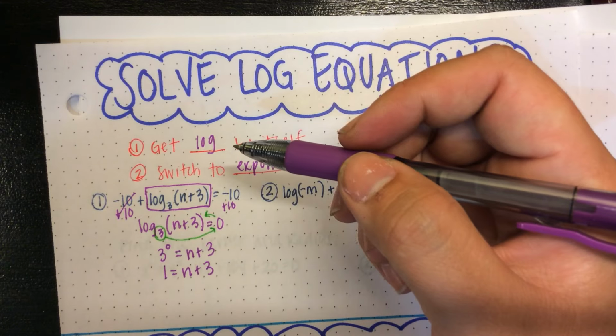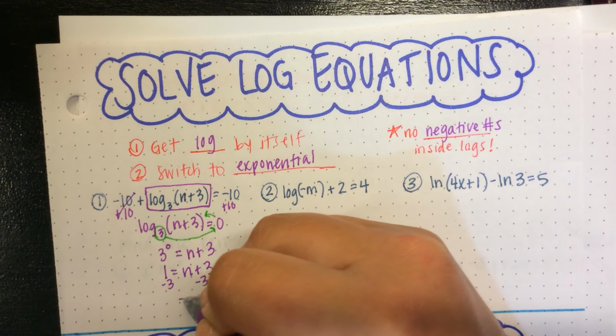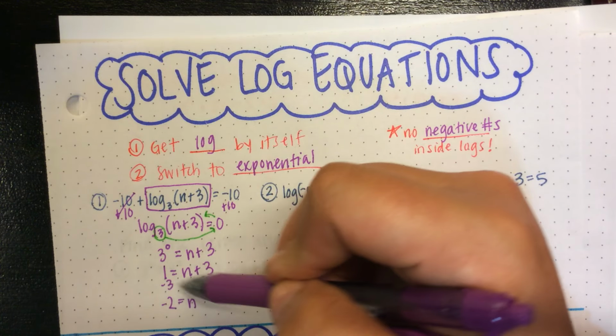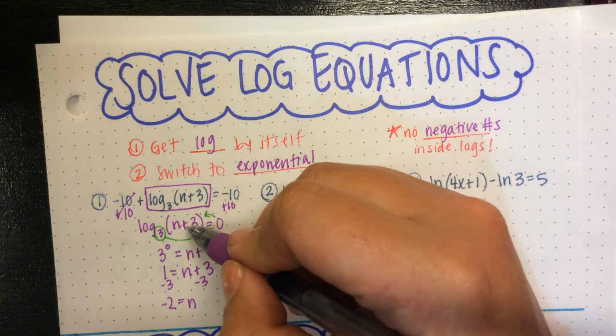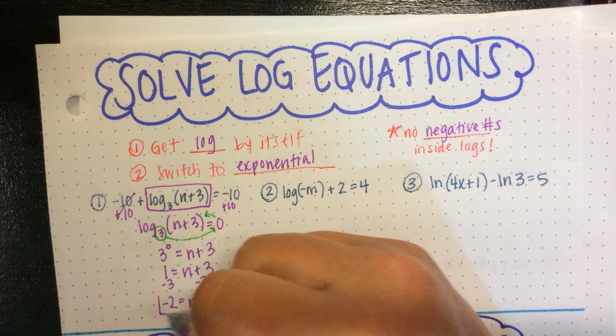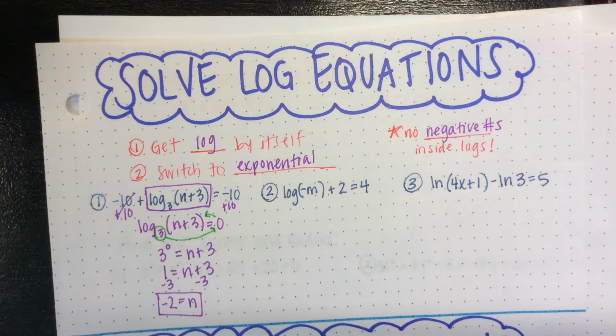Then I can solve very quickly for n. I can subtract 3 from both sides, and we get n equals negative 2. Okay, this can be negative, but when I plug it back in, it cannot. So negative 2 plus 3 is a positive 1, so we're good. Just can't have a negative inside the logarithm.